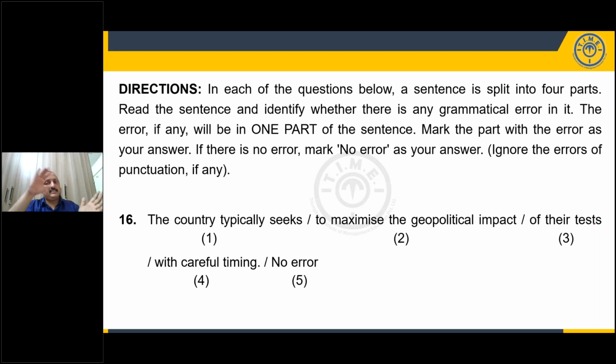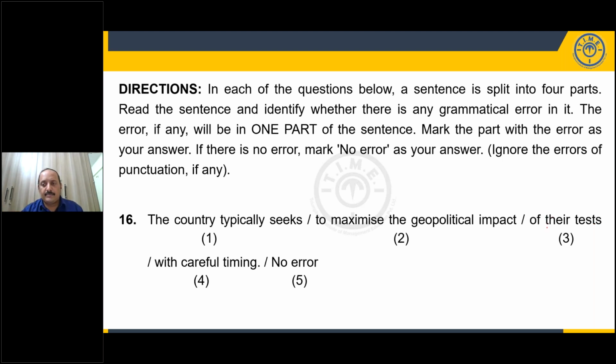Subject is plural, associated verb is plural. Similarly, you also have noun pronoun agreement. So if there's a pronoun that refers to a noun, if the noun is singular, the pronoun will be singular. Noun is plural, pronoun will be plural. Similarly, even gender-based. If the noun is masculine, pronoun is masculine. Noun is feminine, pronoun is feminine. Noun is neutral, the pronoun is neutral.